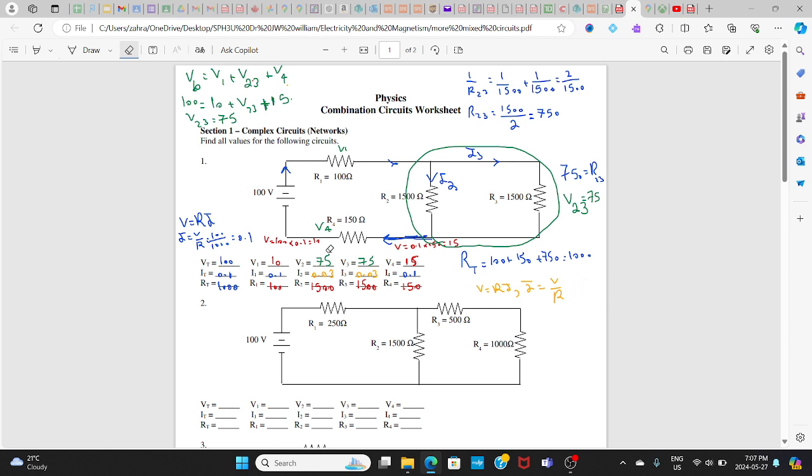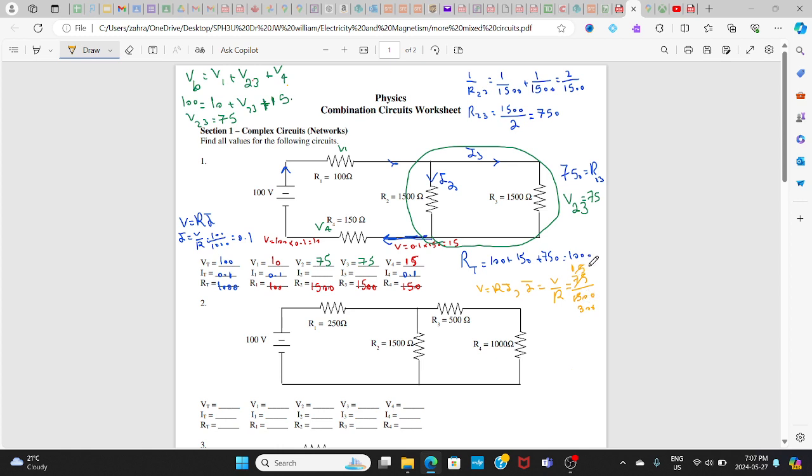Okay, let's just do that one more time. Again, V is 75 over 1500. Divided by 5 is 15 over 300.